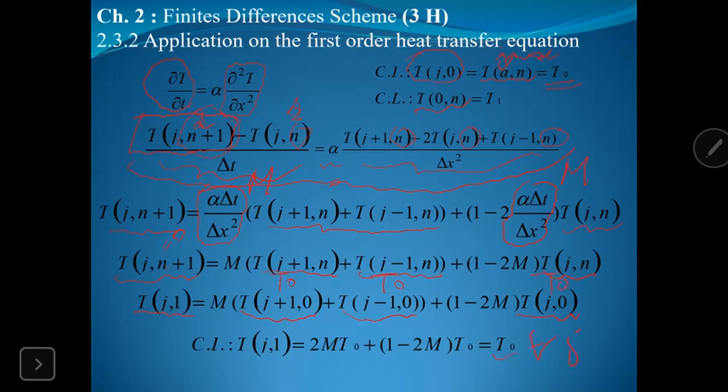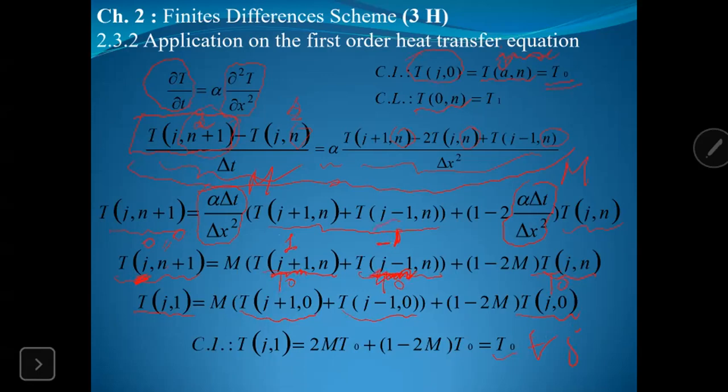Whatever j, I want to know from what to what j goes. Pay attention here. J is going from which value? If I put here j0, here j0, what do I get here? 1. And here minus 1.